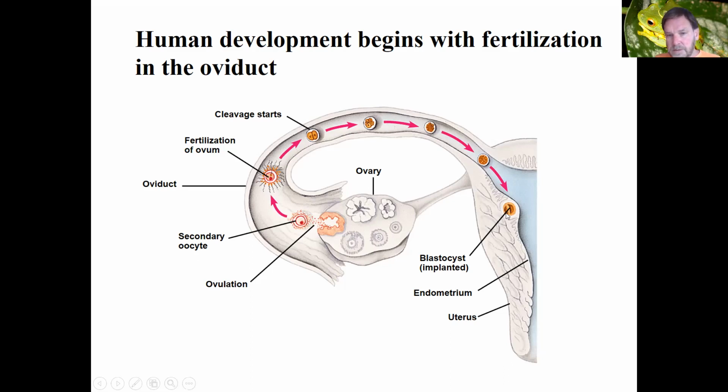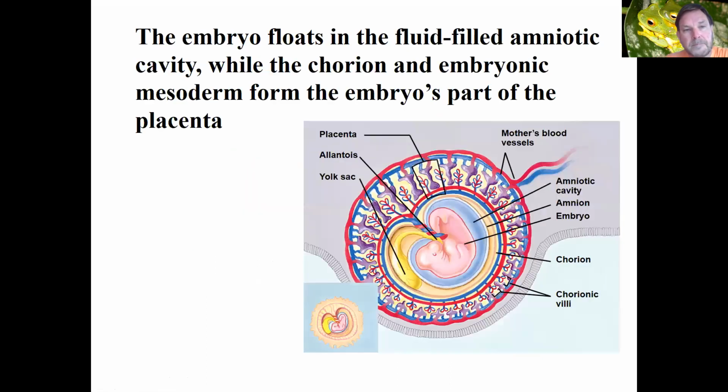Once you have implantation, you start to develop what's called a blastocyst, a ball of rapidly dividing cells, which begins to gastrulate and develop into a fully formed human. The embryo floats within an amniotic cavity filled with fluid that protects this developing human.